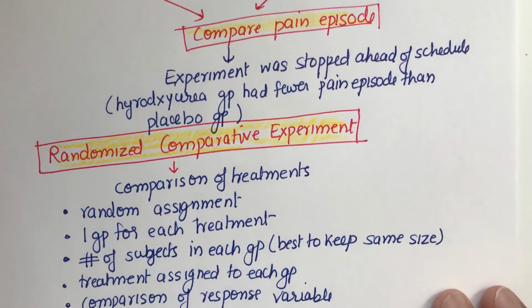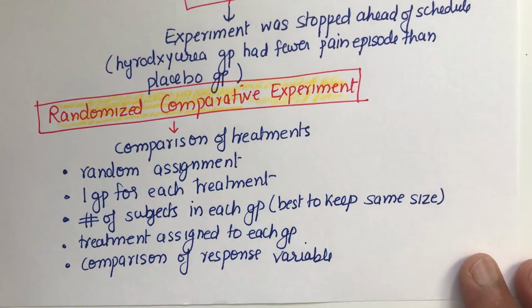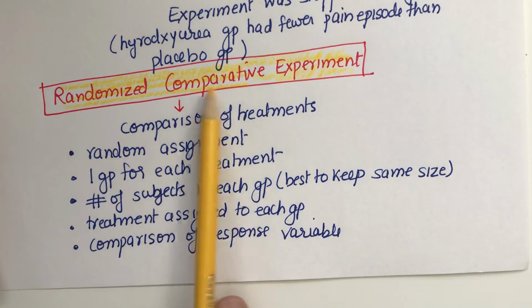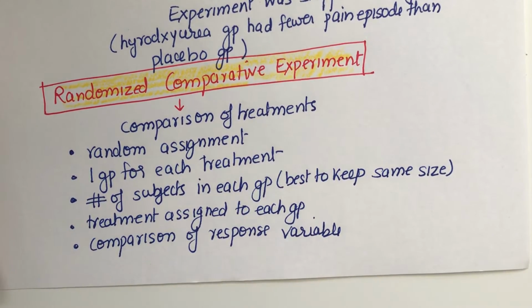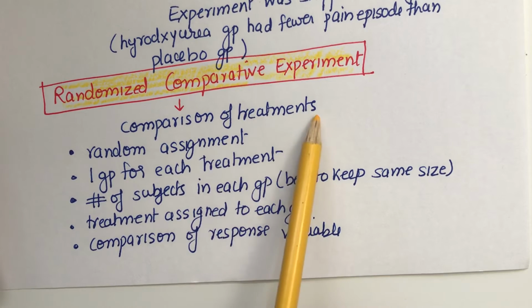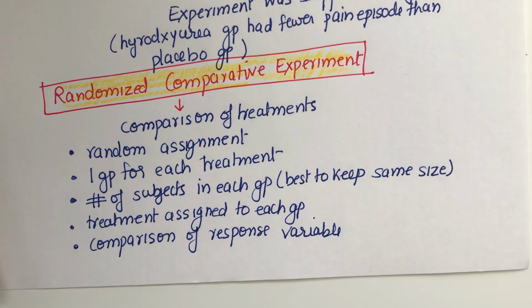The whole procedure is called a randomized comparative experiment. A comparative experiment is basically a comparison of treatments. You need to figure out which one is effective and how one does when compared to the other.